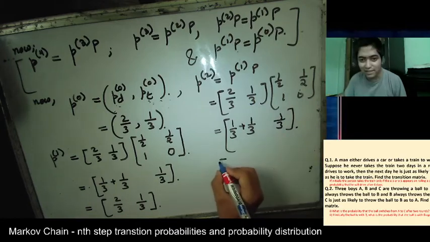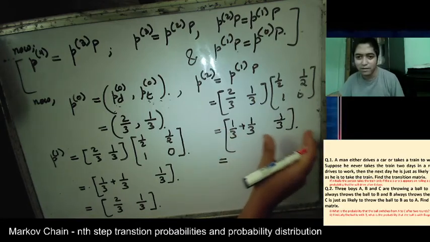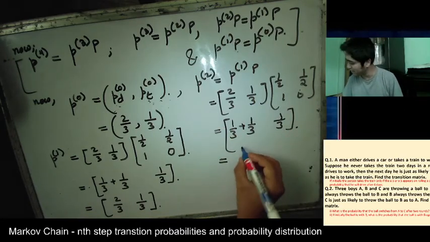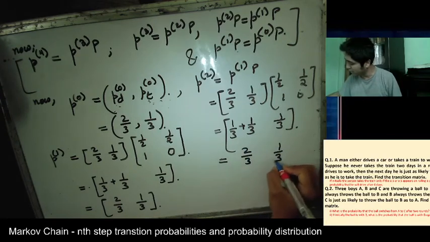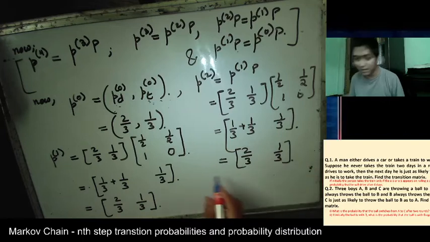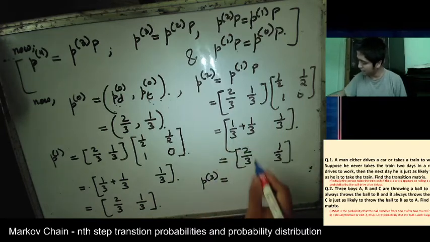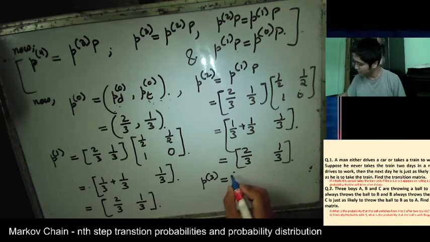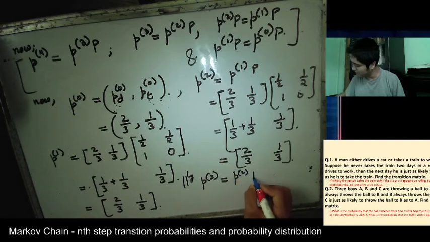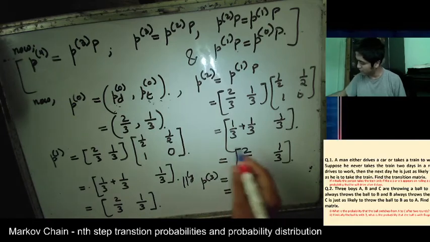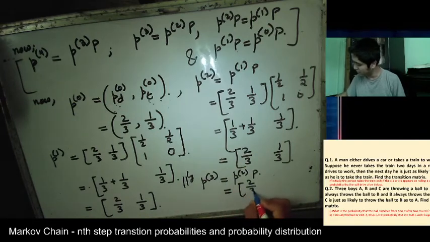So we are getting the same thing. Sometimes it may differ, but over here we are getting 2 by 3, 1 by 3 again. P3 also will be the same thing. Similarly P3 equals P2P, which will be equal to 2 by 3, 1 by 3.